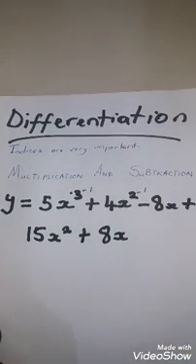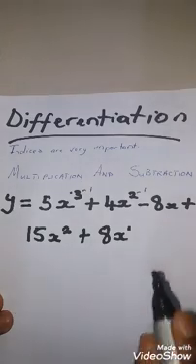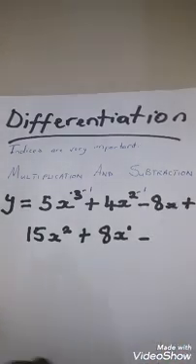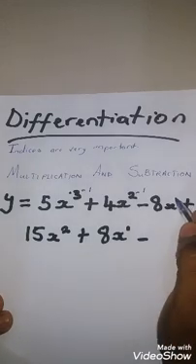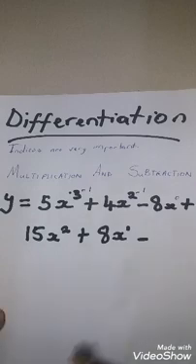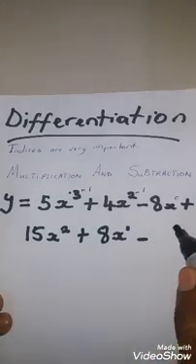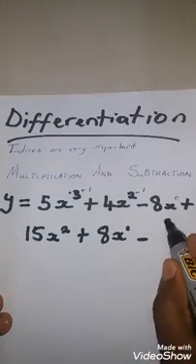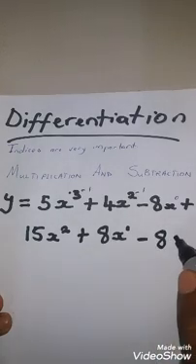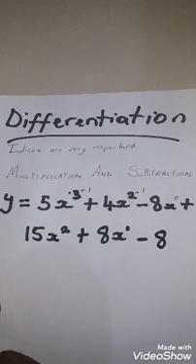So it's 8x raised to the power 1, minus 8x raised to the power 1. So 8 times 1 will be 8. And now 1 minus 1 will give 0. So it will be 8x to the power 0, and from our knowledge of indices, anything raised to the power 0 is 1, so it will be just 8.